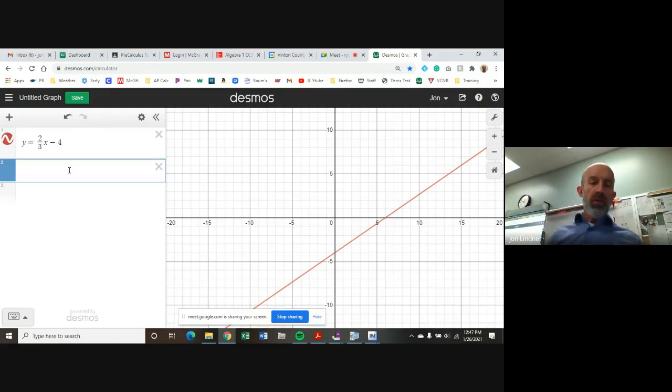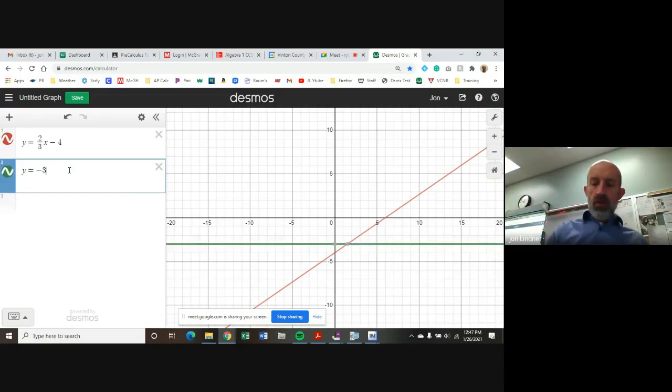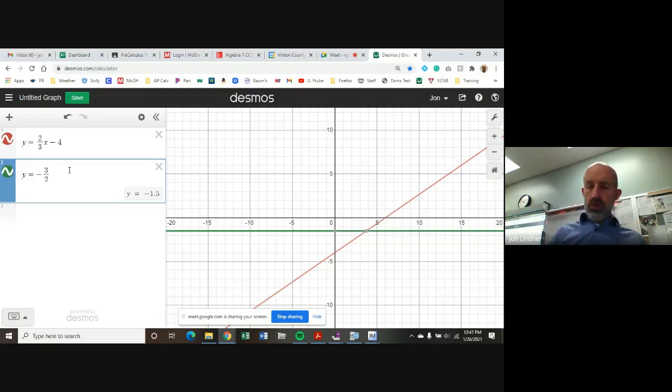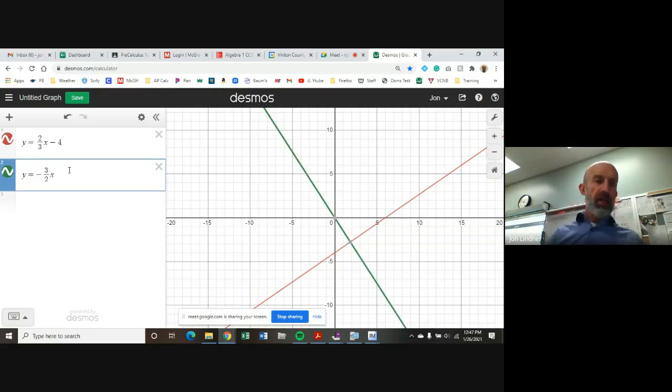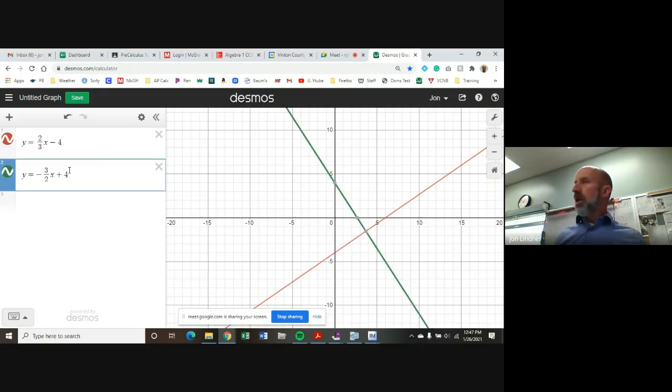The line that we found was y equals -3 divided by 2 x plus 4. And you can tell by looking at those lines that they certainly are perpendicular. All right, we did a good job.